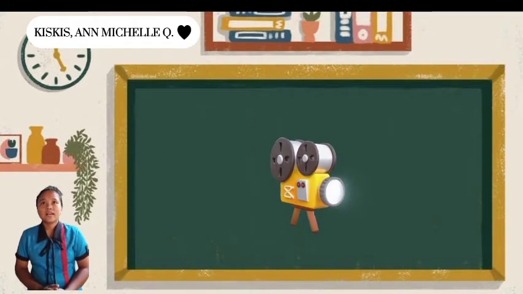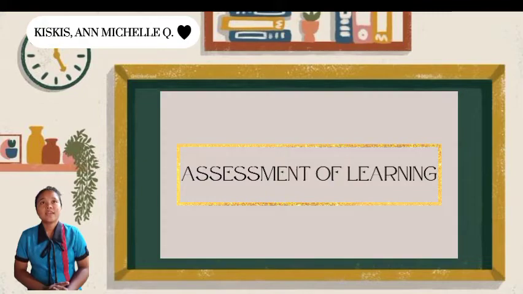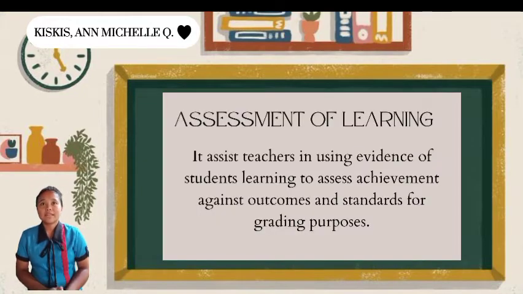And now, let us know what is the assessment of learning. Assessment of learning assists the teachers in using the evidence of the students' learning to assess the achievement against the outcomes and standards for grading purposes.